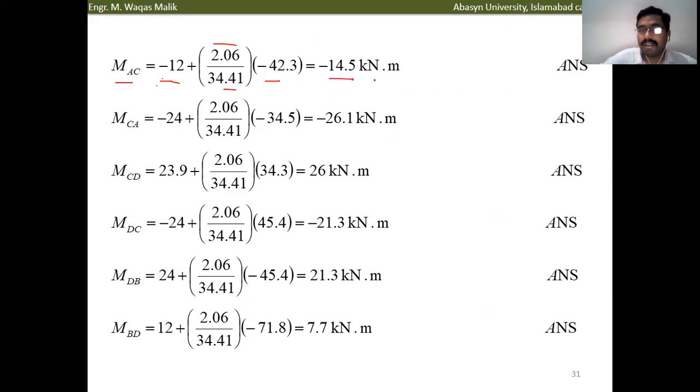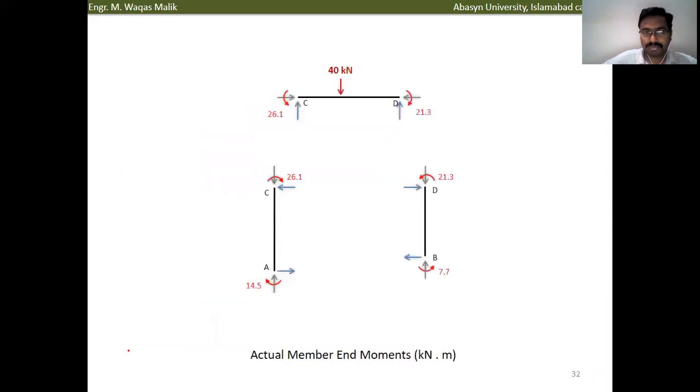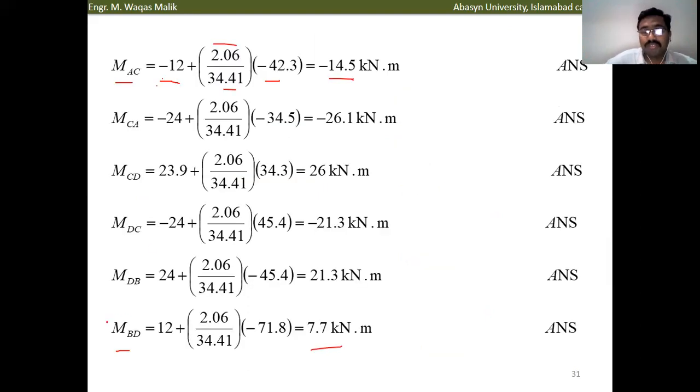kilonewton meter. And then we are going to repeat the same procedure for the calculations of the other member end moments, and we ultimately got the values of all the member end moments. And once we have these values of the member end moments, we basically have the values of the actual member end moments after we added up both values of the member end moments.